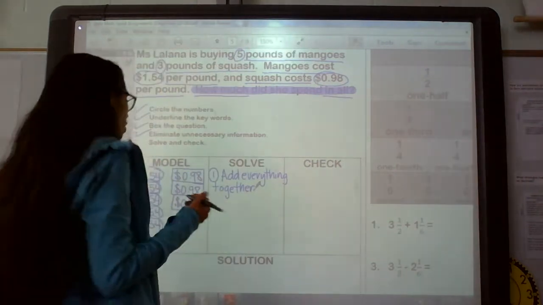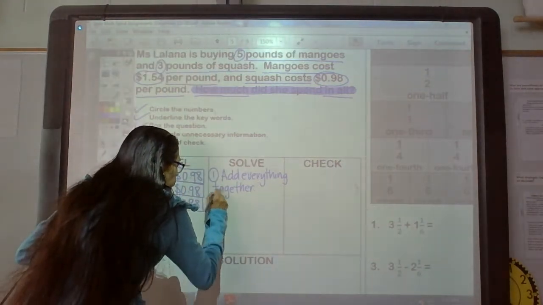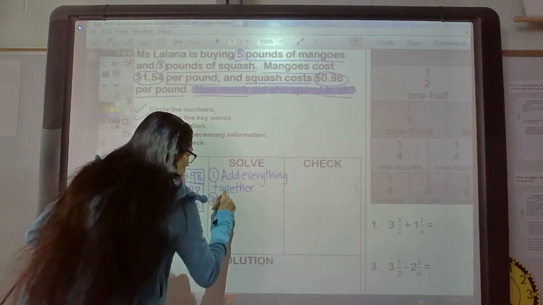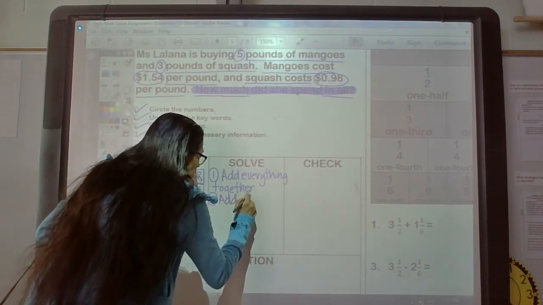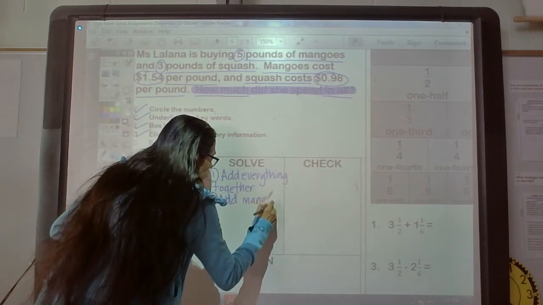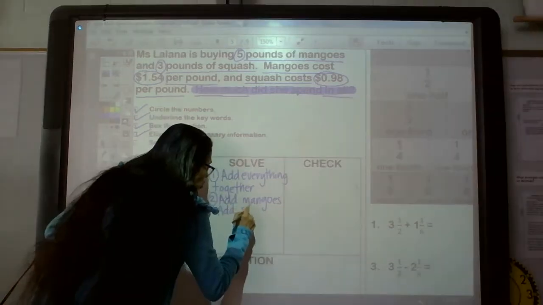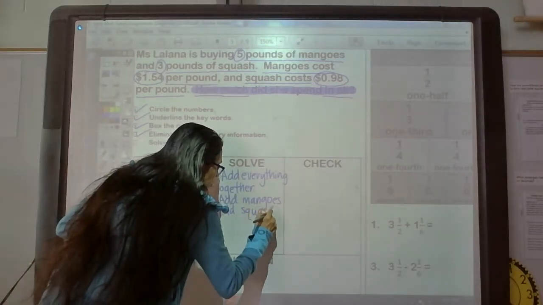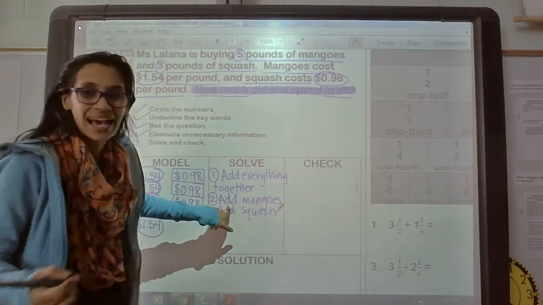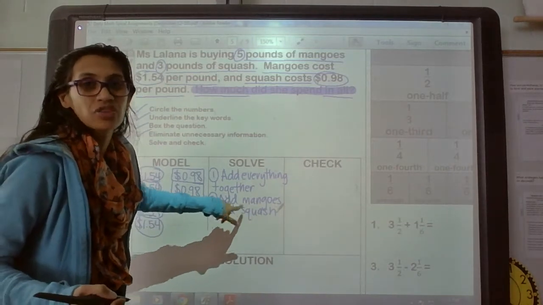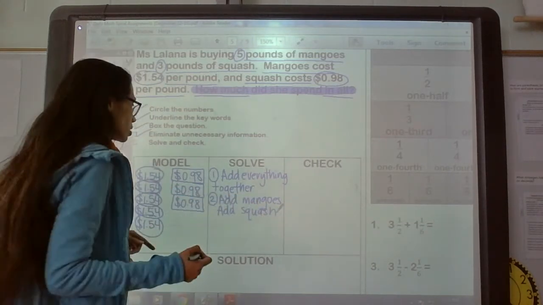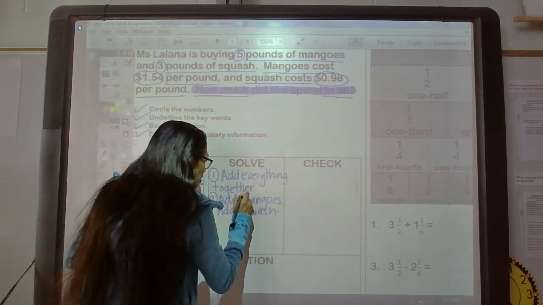Let's review that step. I hope I have room. All right. So add the cost of the mangoes. Add the cost of the squash. Okay. Fine. I'll write it in there.